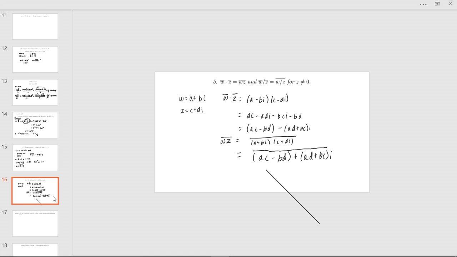And this is equal to, negating the coefficient of i, ac minus bd minus (ad plus bc)i. And we can see that these two expressions match. The proof for the result regarding division is similar, so we will not go over that.